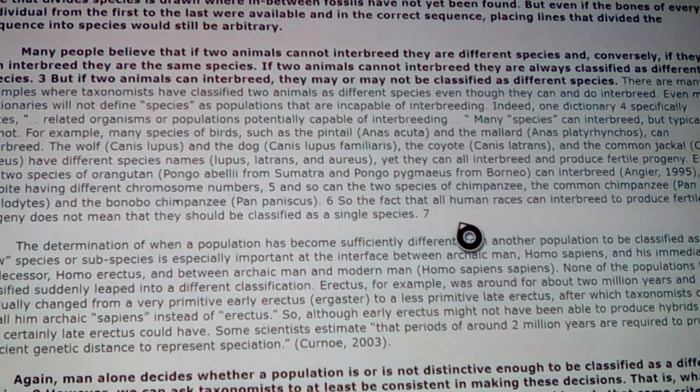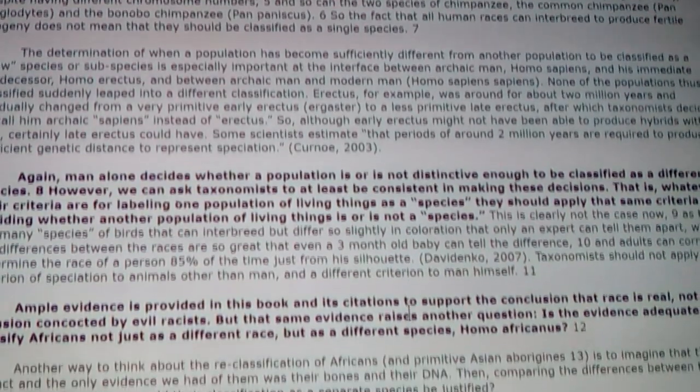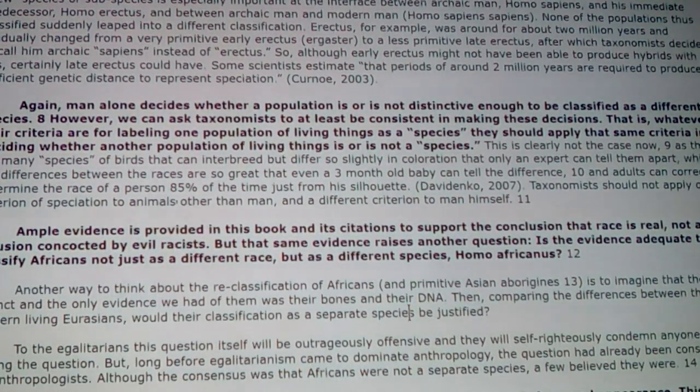the determination of when a population has become sufficiently different from another population to be classified as a new species or subspecies is especially important at the interface between archaic man, Homo sapiens, and the intermediate predecessor, Homo erectus, and between archaic man and modern man, Homo sapiens sapiens, and none of the populations thus classified suddenly leaped into a different classification.